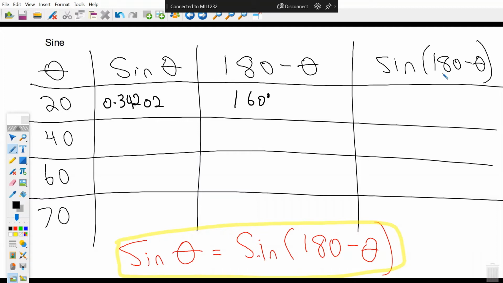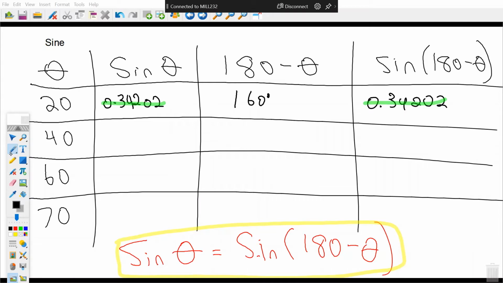Sine 160, which of course is an obtuse angle, is 0.34202. You can see, hopefully, these two sine ratios are the same for 20 and for 160. Let's see if that carries on through 40, 60, and 70.